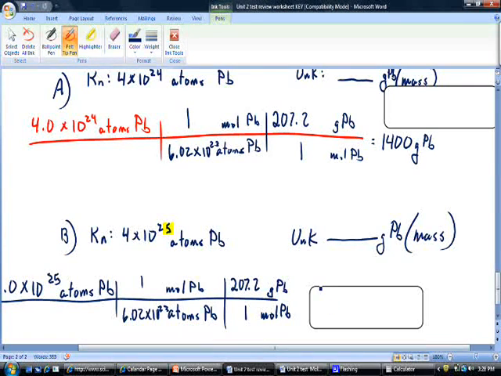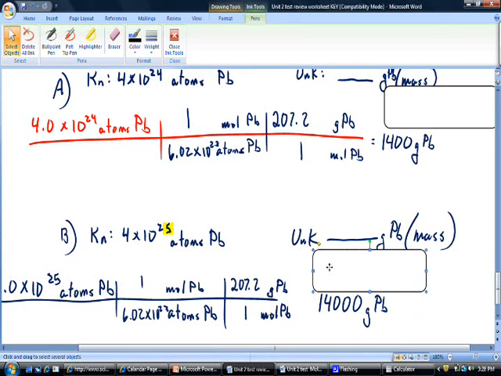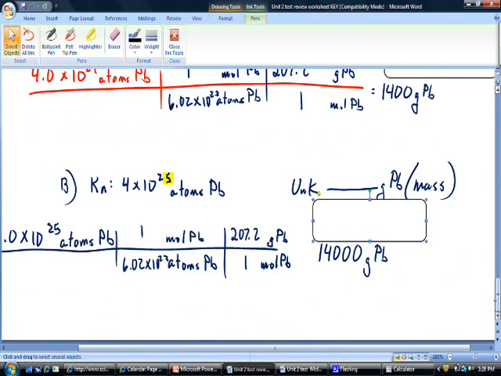What's the mass that we're looking at here for this many atoms? Did you get it calculated? There it is. 14,000 compared to 1,400. That's the difference of one little exponent up there in the problem.